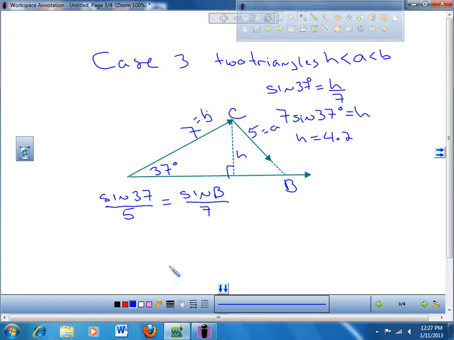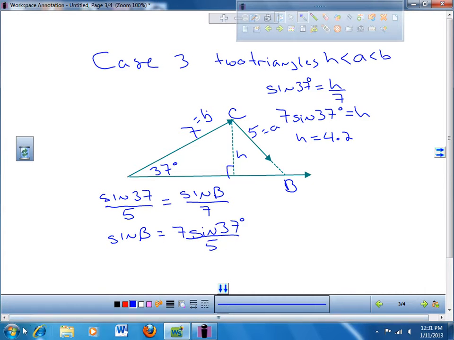And we haven't really done one like this yet, where you have to find the angle instead of finding a side length. So the first thing you do is you cross multiply, and you get that sine of B is equal to 7 sine of 37 degrees divided by 5, right?